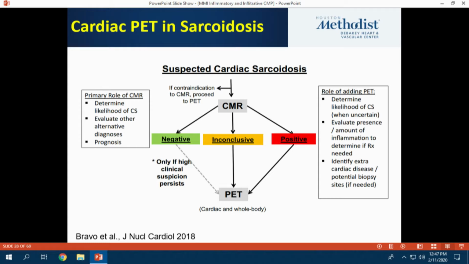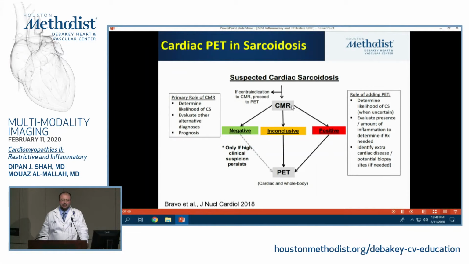So someone has a normal CMR, it's extremely unlikely that they will have a positive PET, unless there is a very high level of suspicion, or the only situation where it could be the other way is in patients who have just isolated AV block where it's only involving the AV node, which may be a problem for CMR sometimes if it is so small and at the annulus level. Now, if they have negative CMR, unless you have a high likelihood or high suspicion, you don't need to proceed.